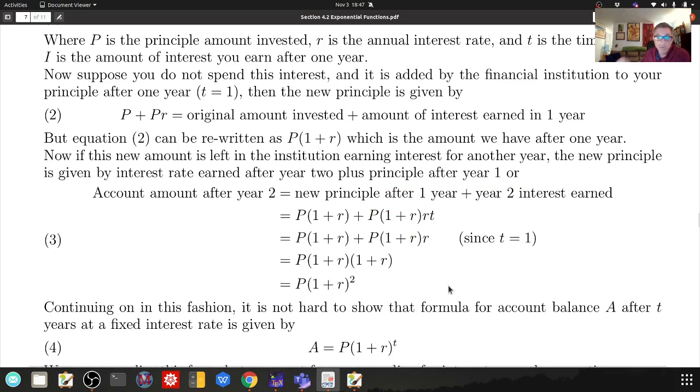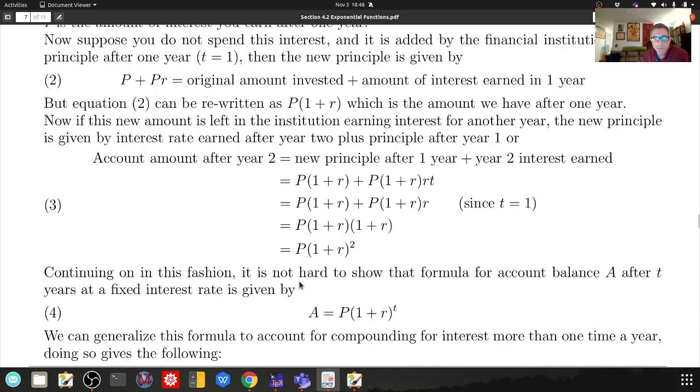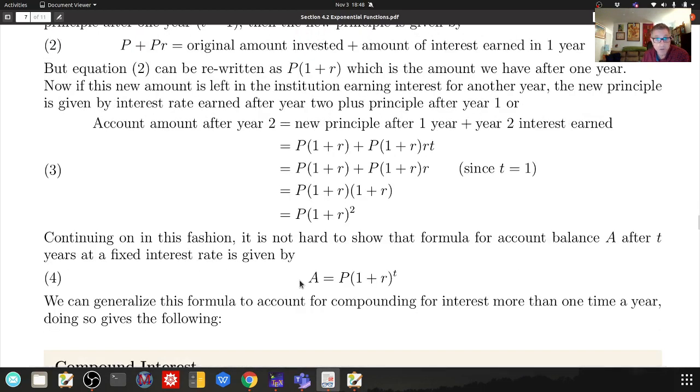Since our time is again just 1 more year, my T vanishes because it's times 1. And notice P times 1 plus R plus P times 1 plus R times R. The common factor here is P times 1 plus R. So when I pull out the common factor, I get P times 1 plus R times 1 plus R, which is equal to P times 1 plus R squared.